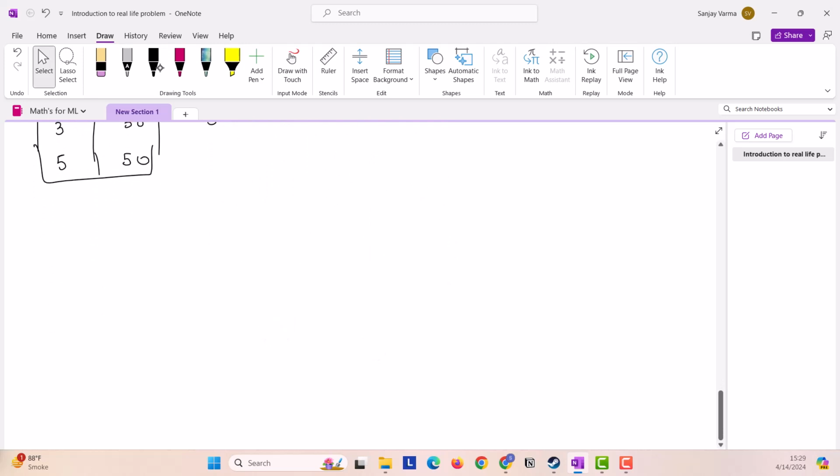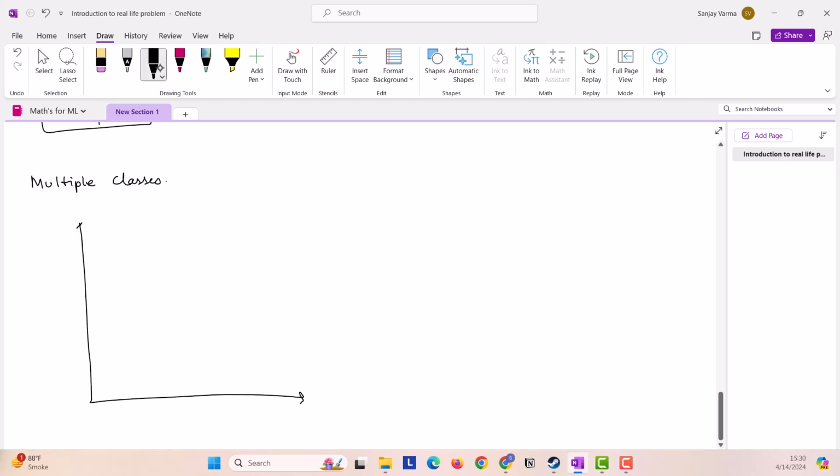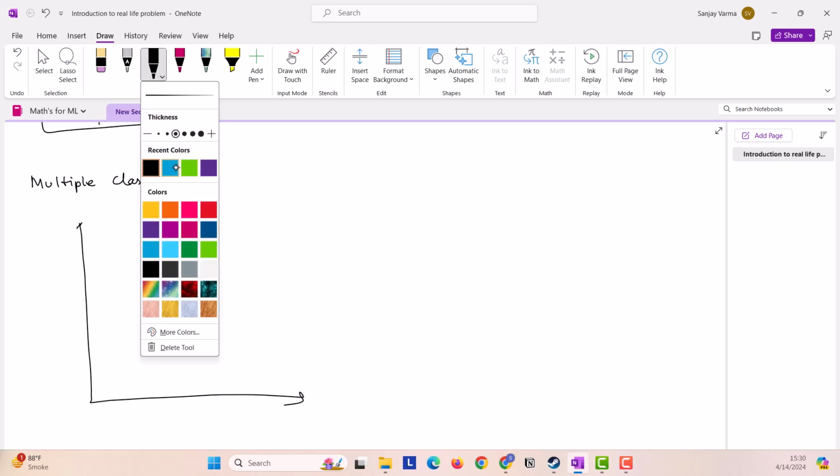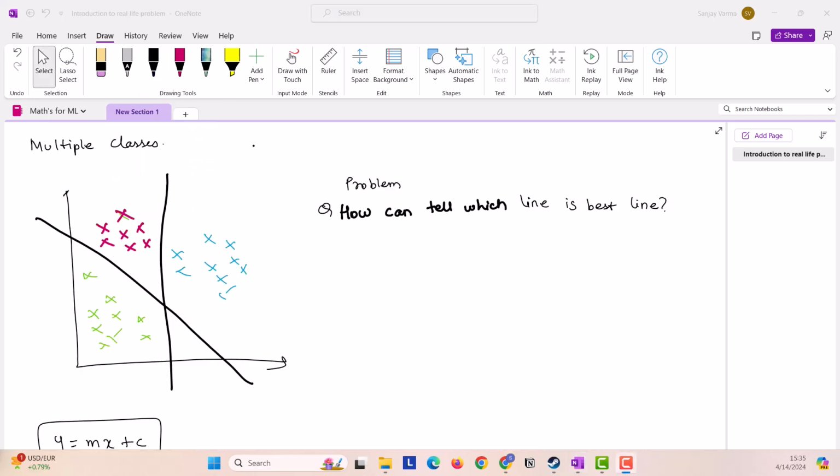Now there can be cases where there will be multiple classes. Let's say instead of 2 choices, there can be 3 or more. Let's explore multiple classes here.